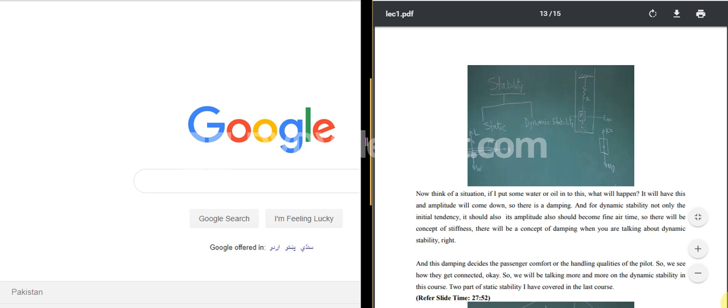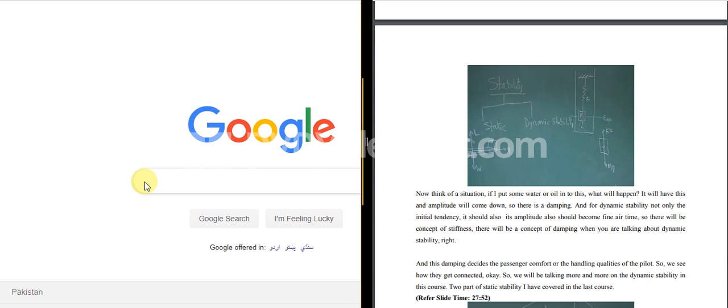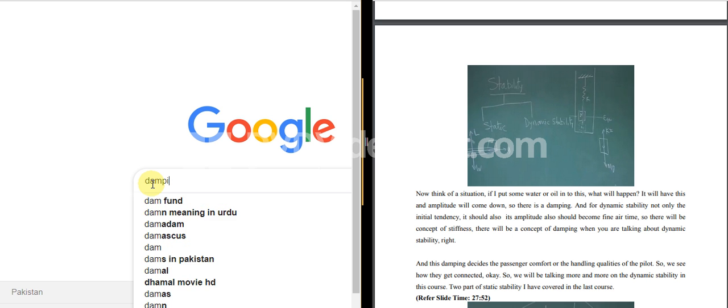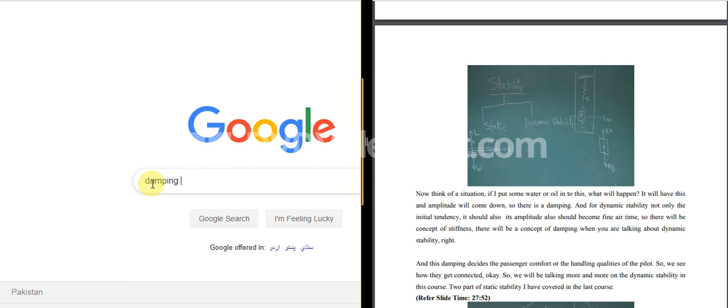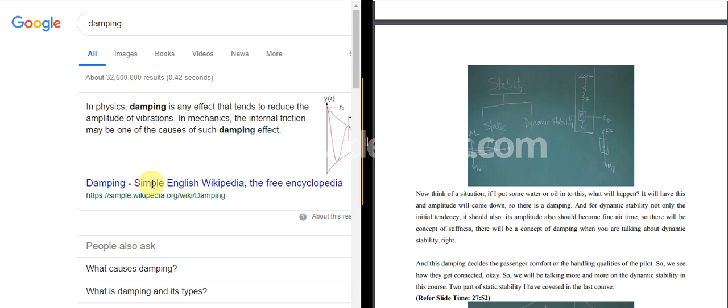I'll just give the technical definition of damping. It primarily relates to acceleration. That's what I know of. Damping is any effect that tends to reduce the amplitude of variation in mechanics.